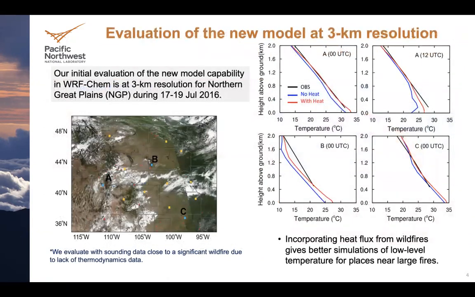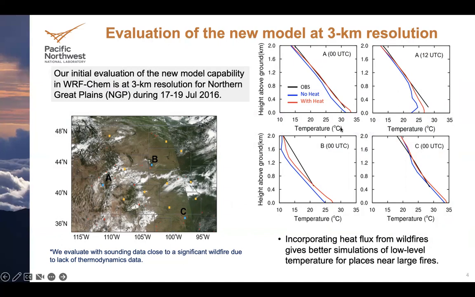So we evaluate this new model with the new heat flux parameterization at a 3-kilometer resolution, which is usually applied in WRF-CAM. We apply it over the Northern Great Plains during 17 to 19 July 2016, and we compare three sounding sites close to the fire points.